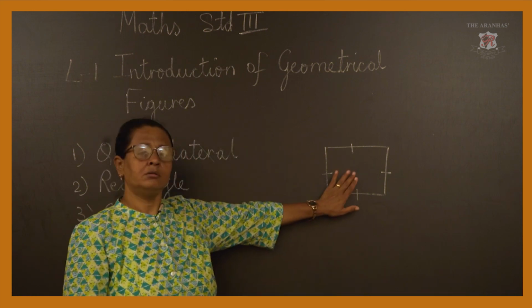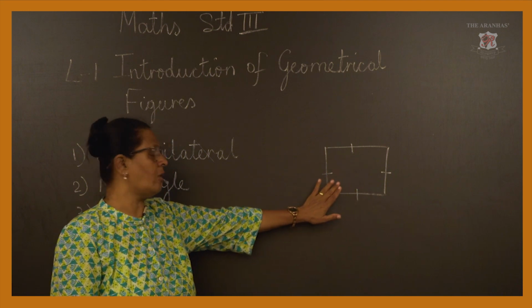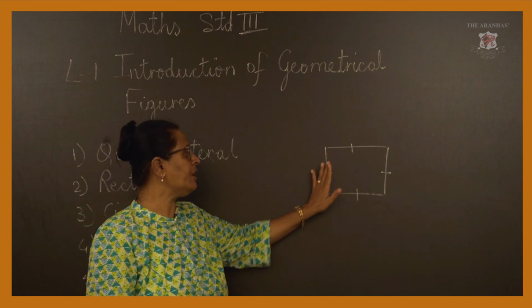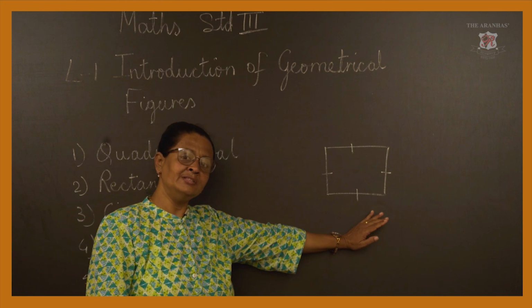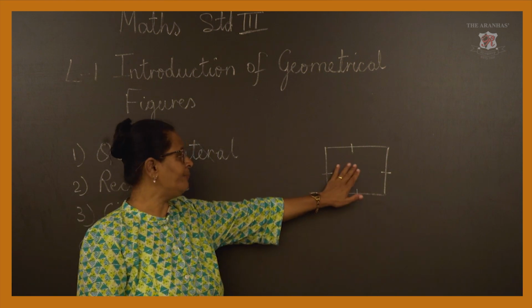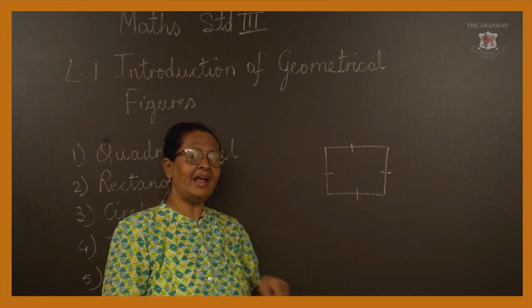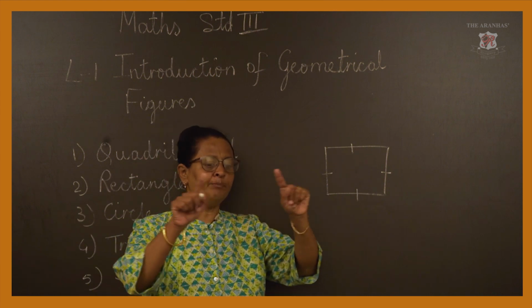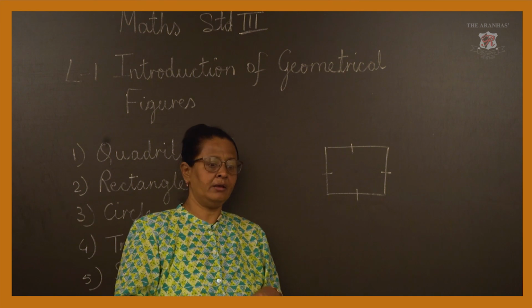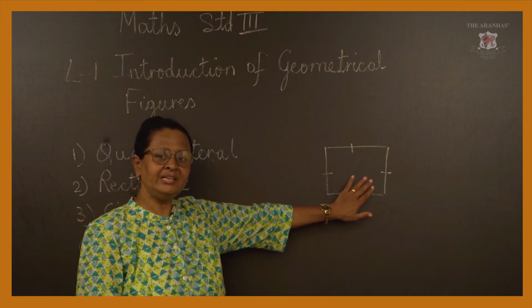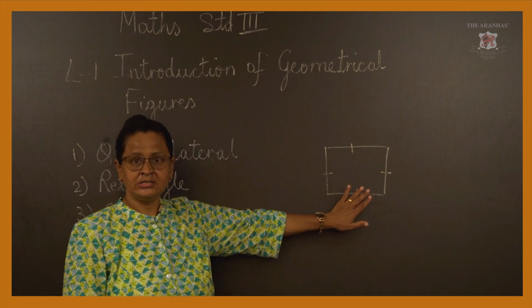So, a square is a geometrical figure which is equal on all four sides. Another example of a square is the snake and ladder board on which you play.